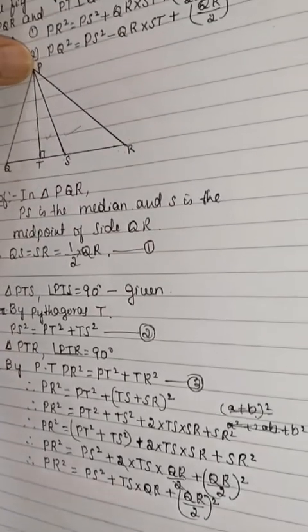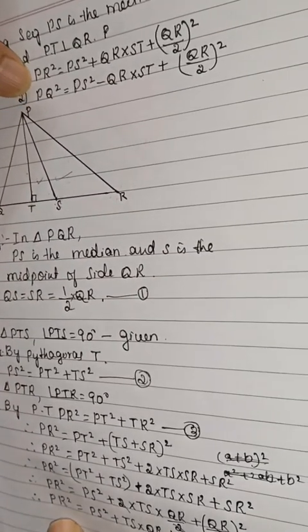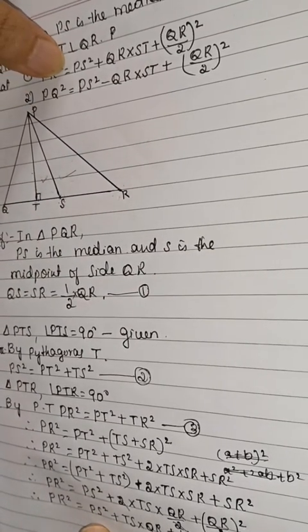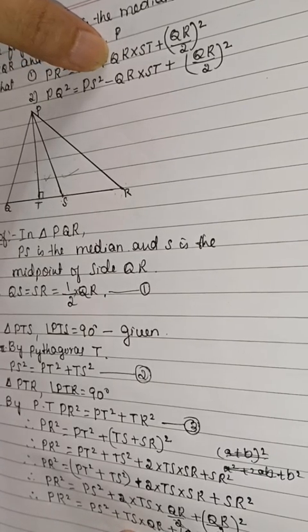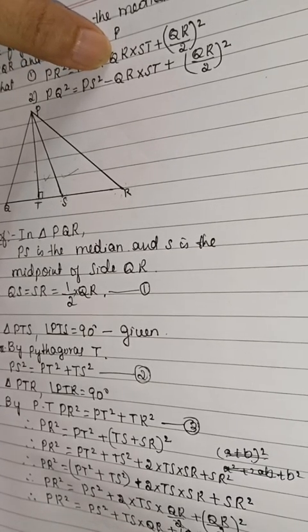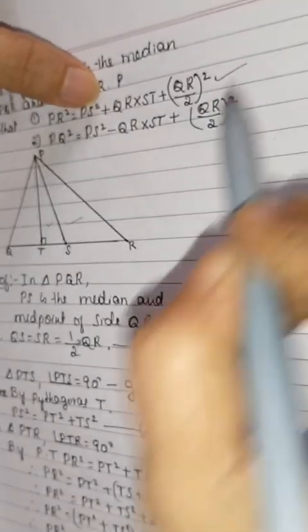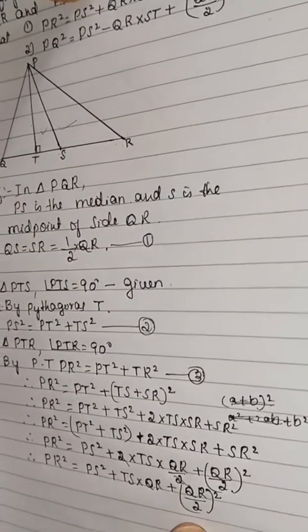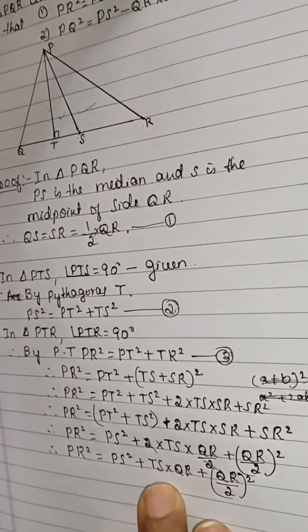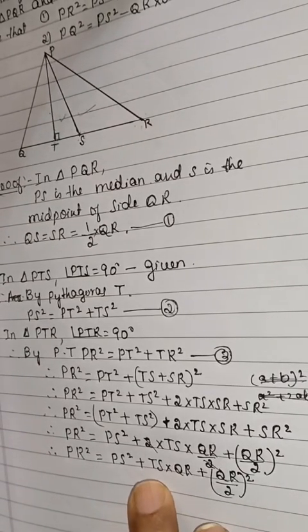This is what we have to prove: PR square equal to PS square plus QR into TS or ST plus QR by 2 whole square. TS or ST, both are same.